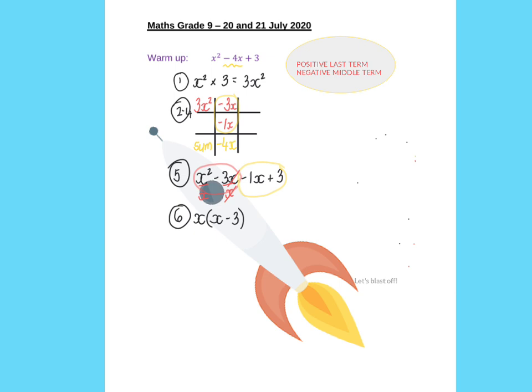Then in my second group, my yellow group, I have a common factor of negative 1. Just a reminder that if the first term is negative in the group that I want to factorize, I have to take out a common factor that is negative. So it's going to be negative 1 because both 1 and 3 can divide by 1.